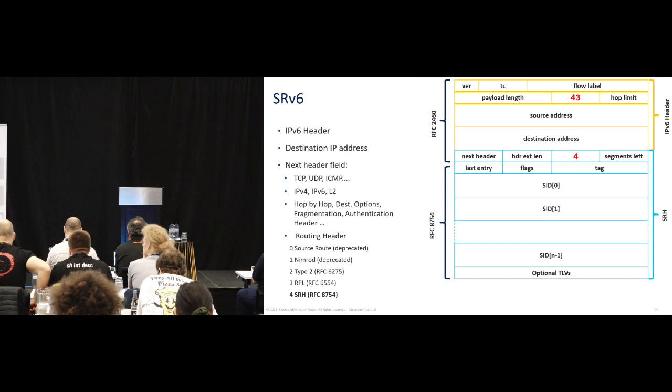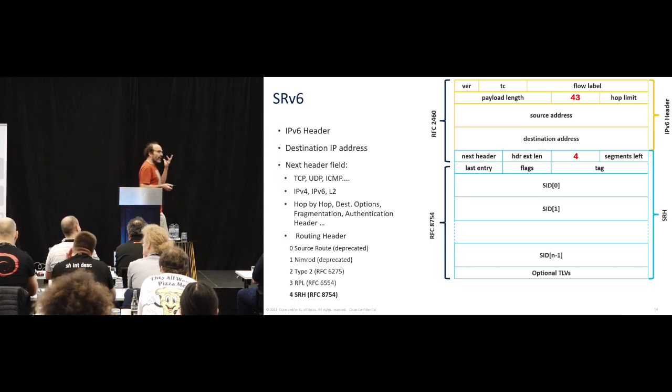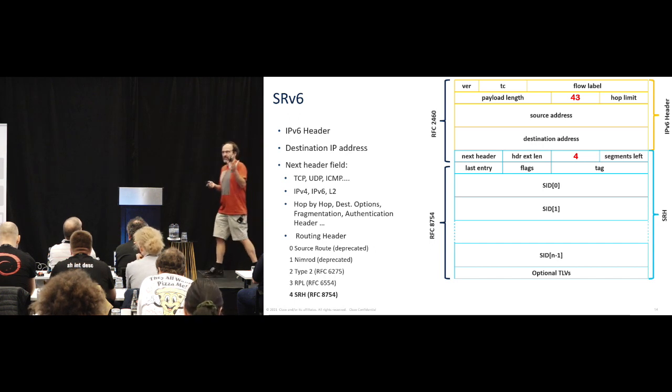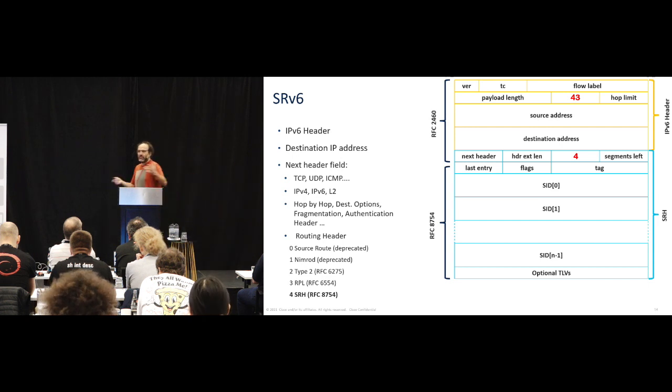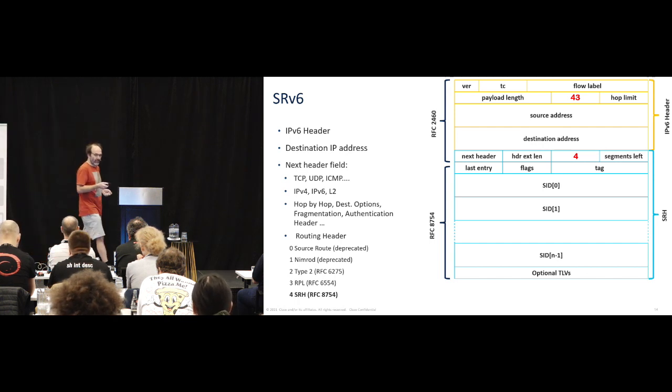We put the list of SIDs into the SRH, and they look like IPv6 addresses. They are 128 bits long. You cannot distinguish whether it's an IPv6 address or a SID, but the structure and semantics of the SID are different, and we will cover that later.